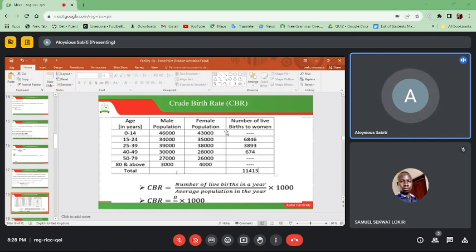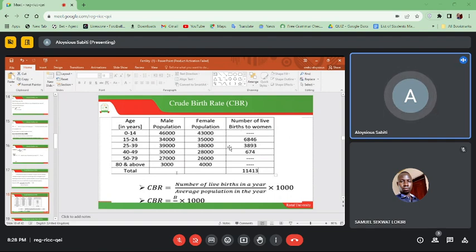It's because the thinking is that these girls have not reached their reproductive age and are unable to bear children at that age, and therefore they do not have any live births. However, from the ages 15 to 49, there are live births occurring.